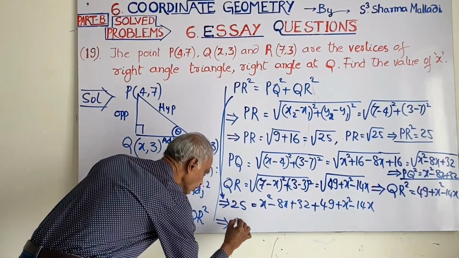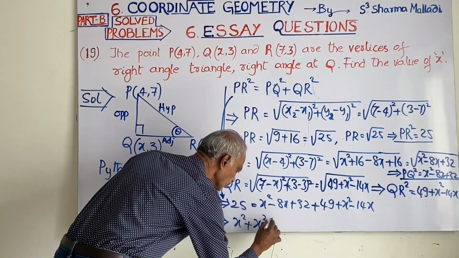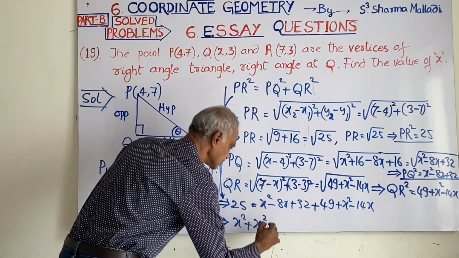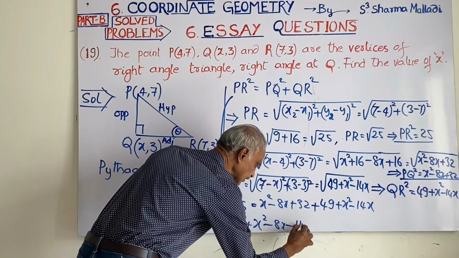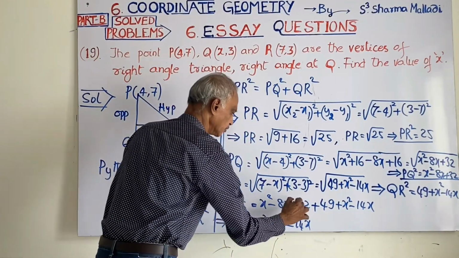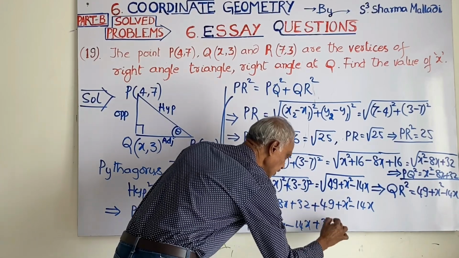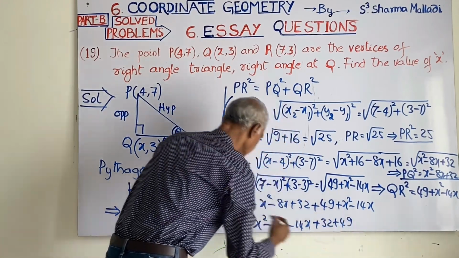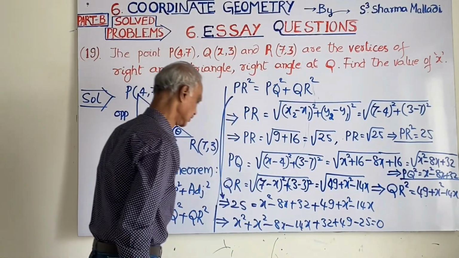Now, x square plus x square, minus 8x minus 14x. Now, constants: plus 32 plus 49 minus 25 is equal to 0.